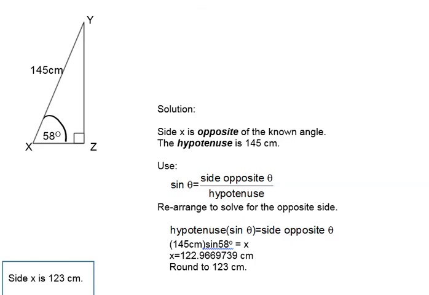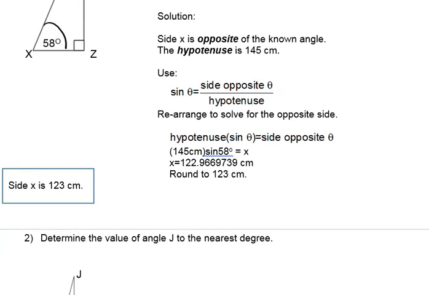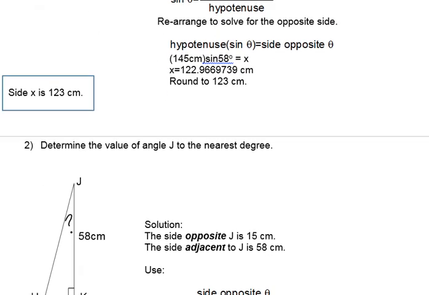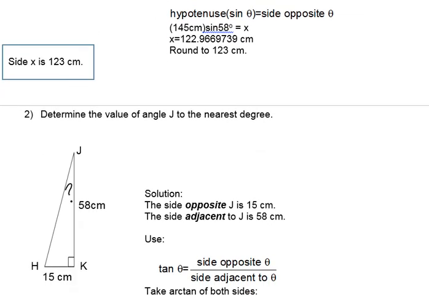For the next question, you might want to pause the video after you look at the question and try to solve it on your own. This time we're looking for an angle. Compared to that angle, we know the opposite side is 15 centimeters and the adjacent side is 58 centimeters. Opposite and adjacent, that's our TOA or tan. This time we're looking for the angle, so we've got to do that arctan step.